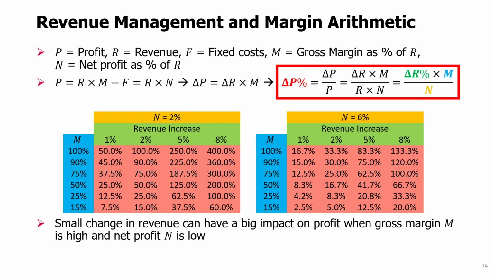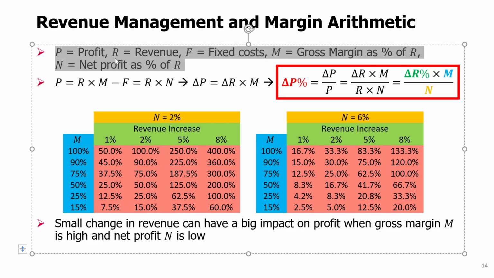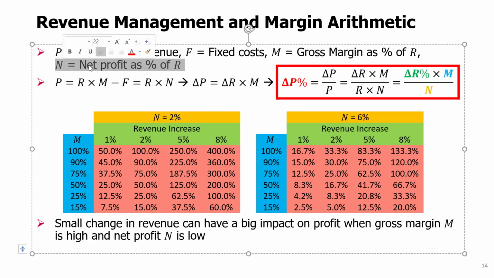So here are some definitions. P is for profit, R is revenue, F is fixed costs, the large fixed costs that we normally have in the industries which are suitable for revenue management. And then M is gross margin expressed as a percentage of revenue. So we expect gross margins to be a high percentage in the industries good for revenue management. And N is net profit, expressed also as a percentage of revenue.